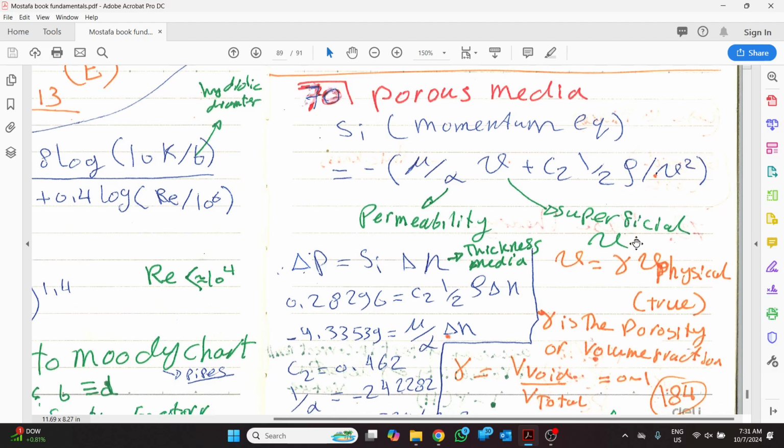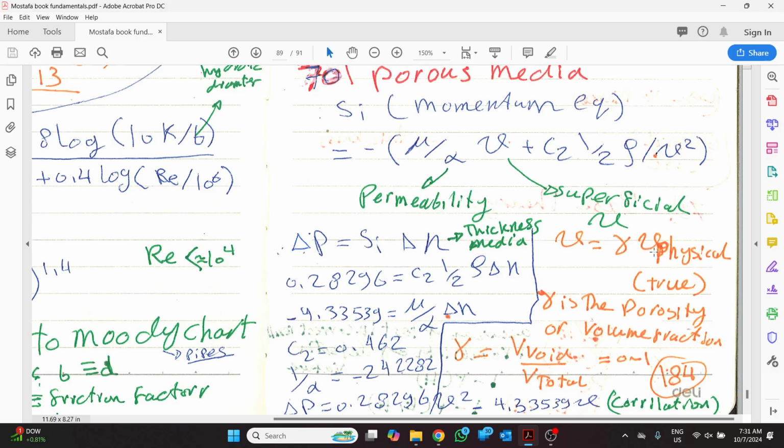The superficial velocity is a factor multiplied by the actual velocity. This factor is a coefficient, a volumetric fraction: how much free volume over the total, from 0 to 1.